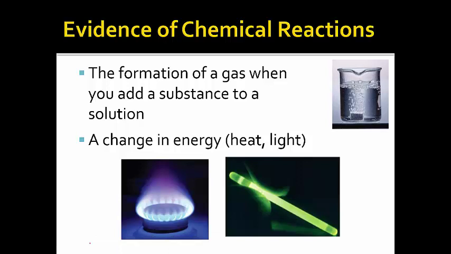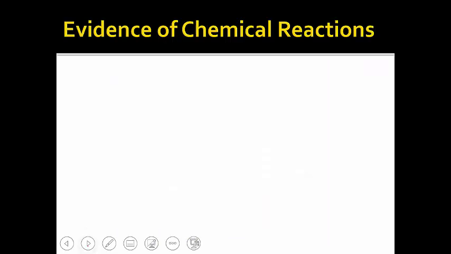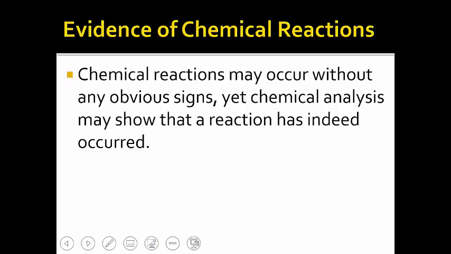There's also a fifth one that's a little less reliable, and that would be the presence of an odor. Obviously I can't demonstrate that one as much to you in video, but that would also be another indication of a chemical change occurring. Okay, so again, we might not always see one of these five signs of chemical change.